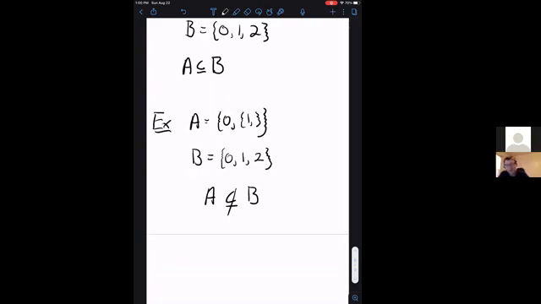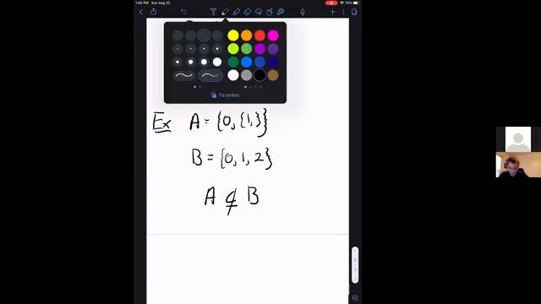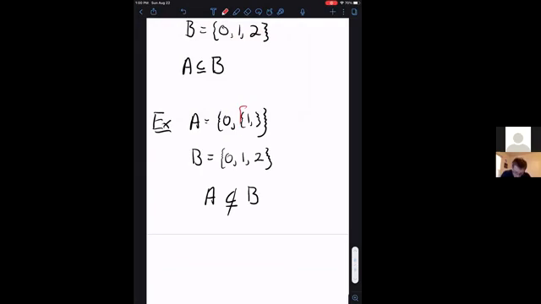Because A is the set containing 0 and the set containing 1. B just has the elements 0, 1, and 2. There's not this element right here, right? This isn't 1. That's the set containing 1. So it's not true.